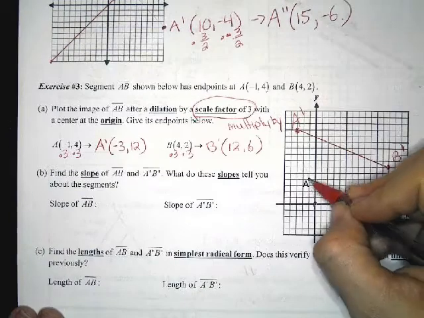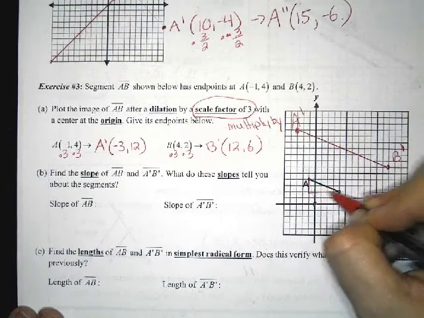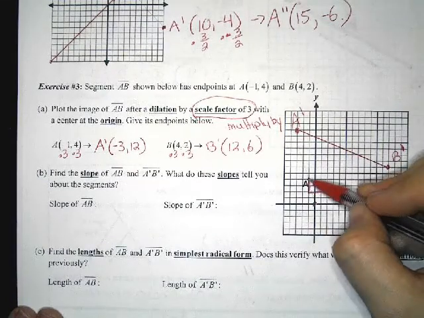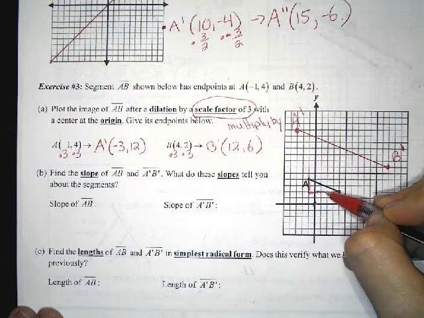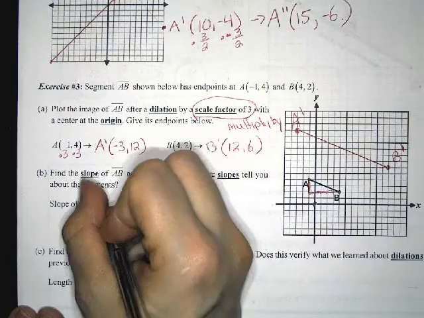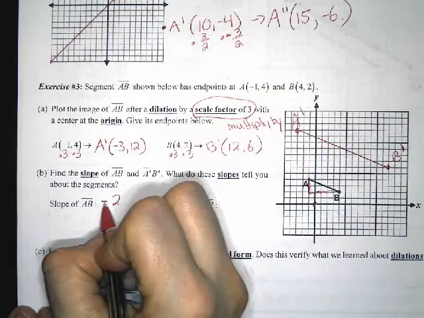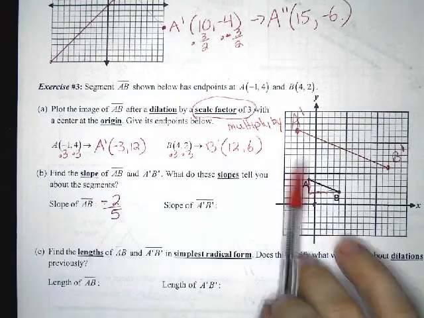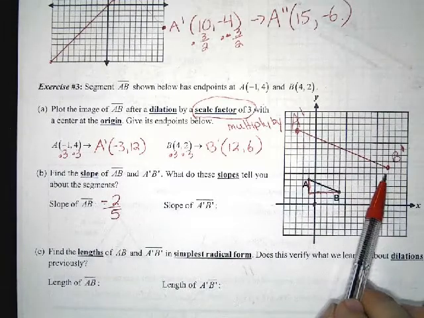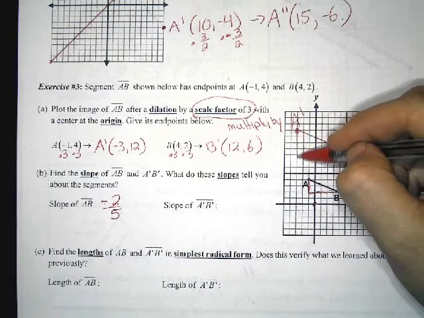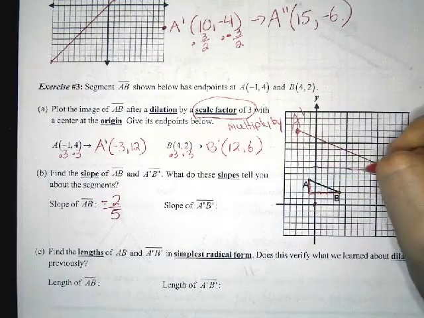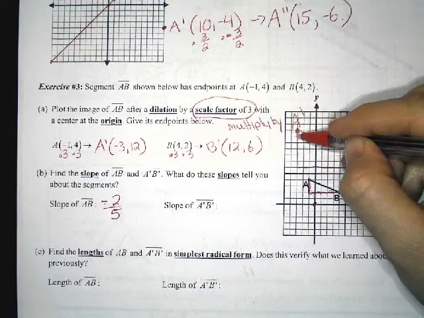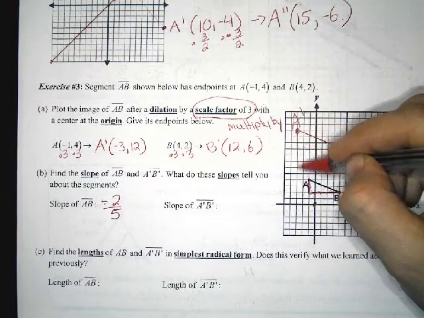So this is easy to find the slope here. This is down 2 and right 1, 2, 3, 4, 5. -2 over 5, because it went down 2 over 5. The slope of A prime to B prime: I'm going to count how many down, how many to the right this is. 1, 2, 3, 4, 5, 6.